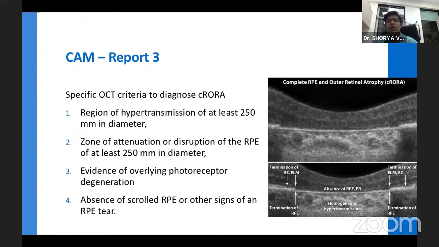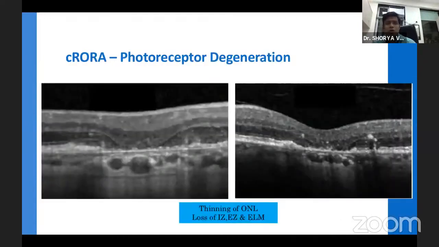So it's a region of hypertransmission of at least 250 micrometers in diameter, as you can see in the images, and a corresponding zone of attenuation or disruption of the RPE, and an overlying photoreceptor degeneration, and it should be in the absence of an RPE tear, scrolled RPE, or a sign of RPE tear. So what are signs of photoreceptor degeneration? It has been discussed earlier that there is thinning of the outer nuclear layer, and loss of IZ, EZ, and ELM. So it's already been discussed.